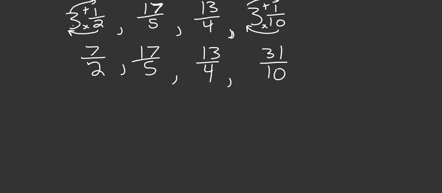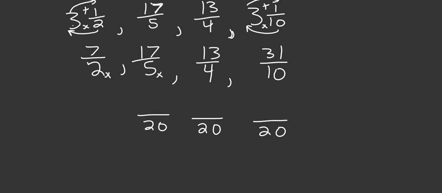Alright, so I'm going to look once again. My largest denominator is 10. Well, 5 and 2 are both factors of 10, so I can ignore those. I need to find the lowest common denominator of 4 and 10, which would be 20. Once again, if you didn't see 20 and you did 40, you will get the exact same answer.